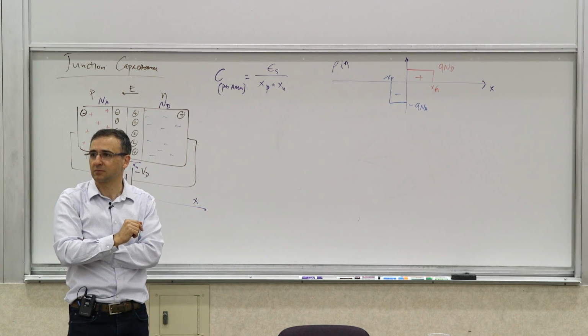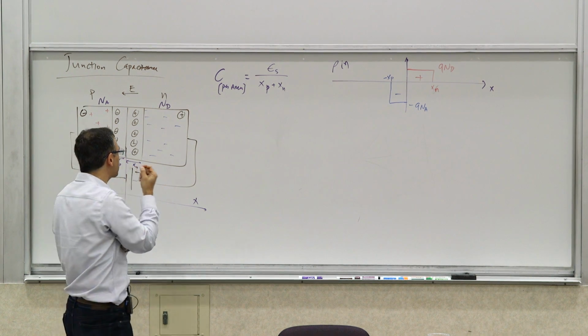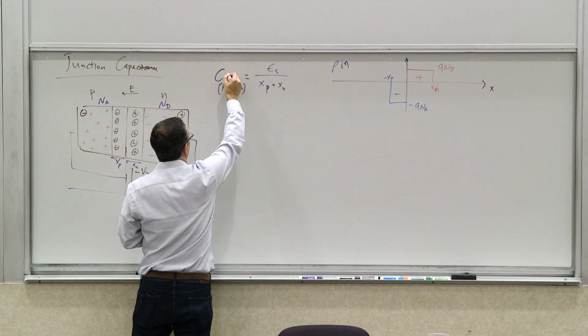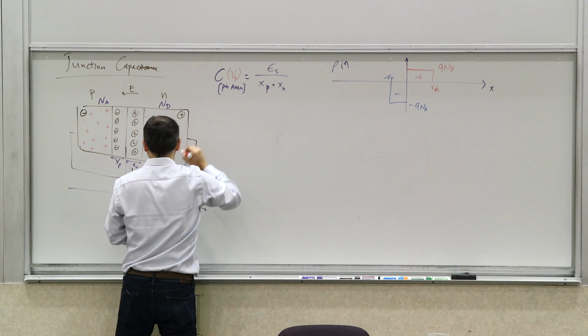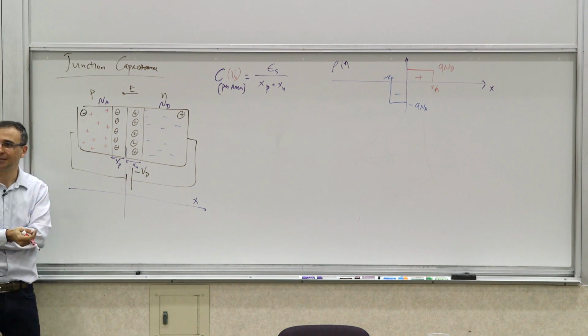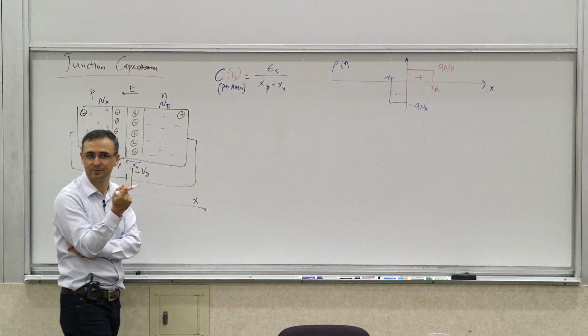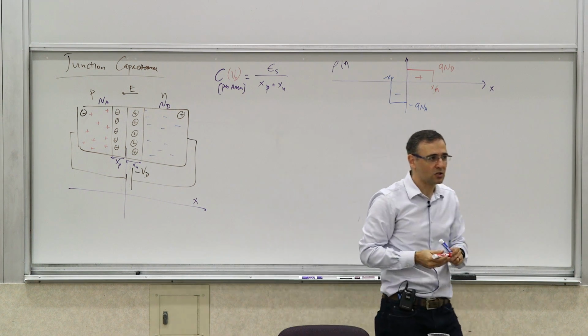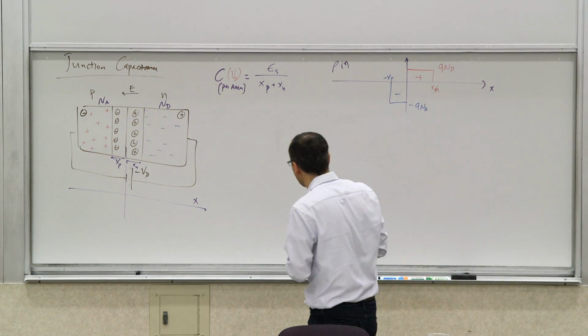We're trying to find an expression for C as a function of Vd. We'll write a bunch of equations now, but that's where we are going with them. Okay? So now that we know where we are going, let's go there.